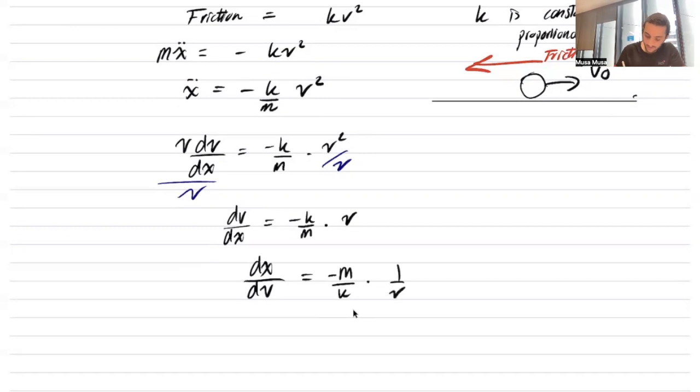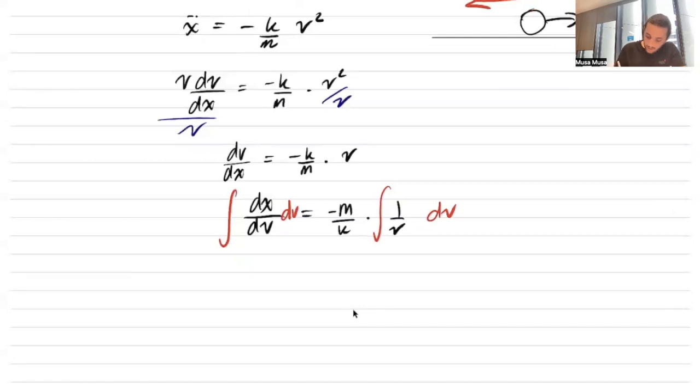Now, if I take the integral of both sides with respect to v, I can integrate it like this, but obviously these are just constants, that minus m on k, so I'm just going to put it there instead. Left-hand side's x, right-hand side is minus m on k, ln of the absolute of v plus c. Very nice, very nice. Okay.